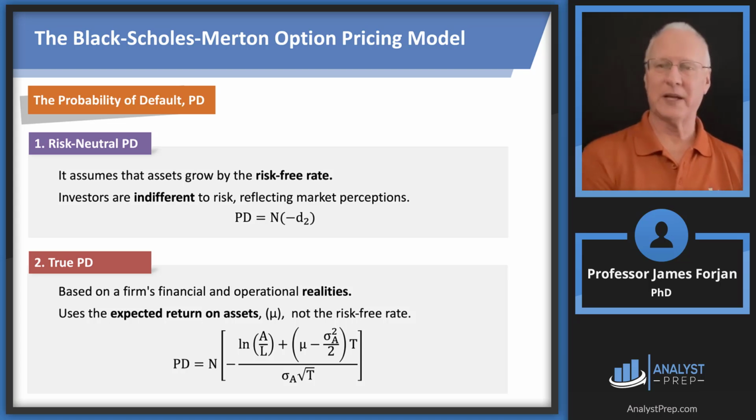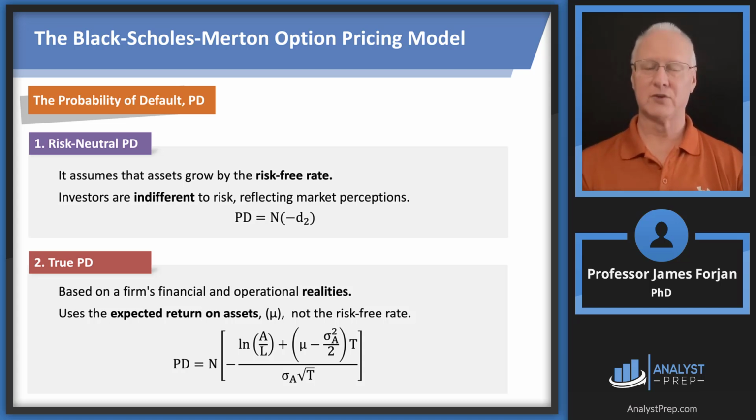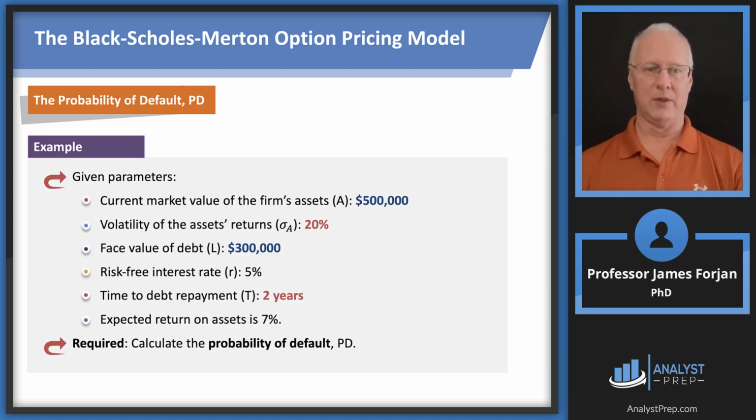So this is like the expected return on the positive net present value of all of those product lines that are on the left-hand side of the balance sheet. But here's where you need to make sure you don't make this mistake on the exam. Instead of adding half of the variance, we're subtracting. And that's the big difference there. And that's going to give us our probability of default. So remember the two, risk neutral and the true probability of default.